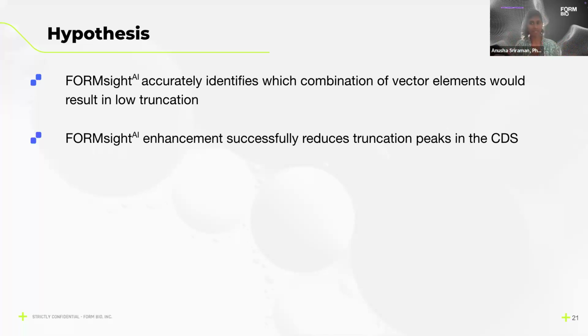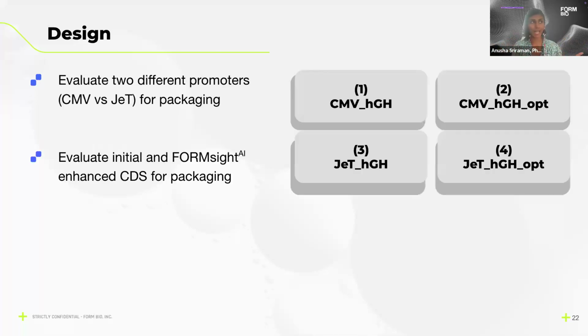The hypothesis that we had was that FormSight AI can accurately identify which vector elements would result in overall low truncation, therefore improving the packaging and the manufacturability. And secondly, that when we use FormSight AI for optimizing the coding sequence, we would be reducing the overall truncation risk. With that hypothesis in mind, this was our experimental design.